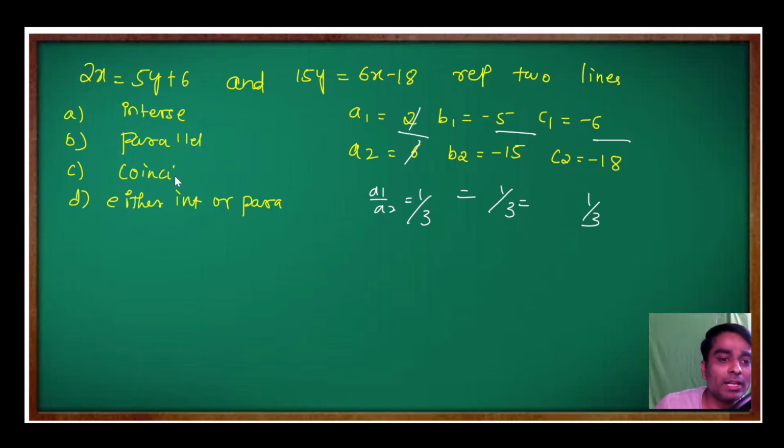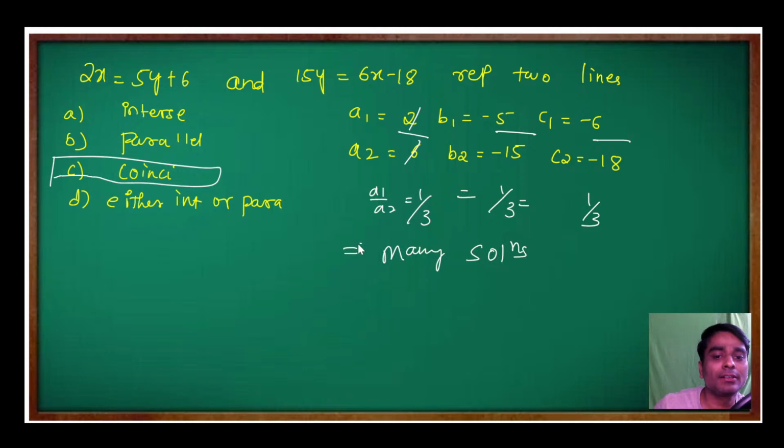So if all are equal, then what line is it? Coincident is the correct answer. This is the many solutions condition.